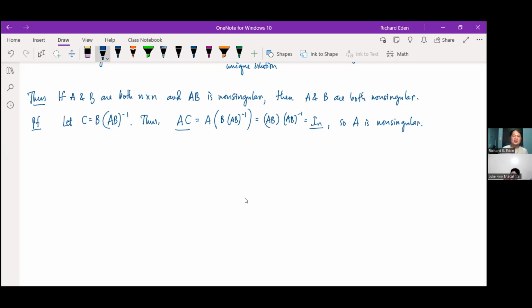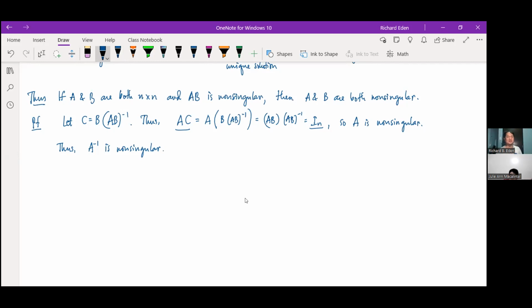Thus, A inverse is non-singular. But what happens when you multiply non-singular matrices? Is the product also non-singular? We are sure about this, because of the theorem above.